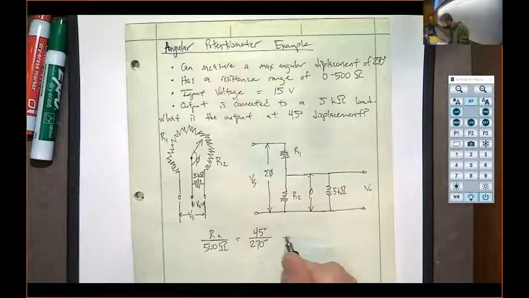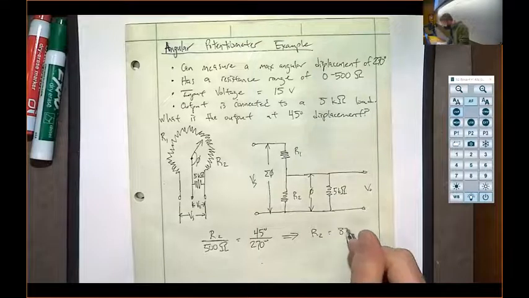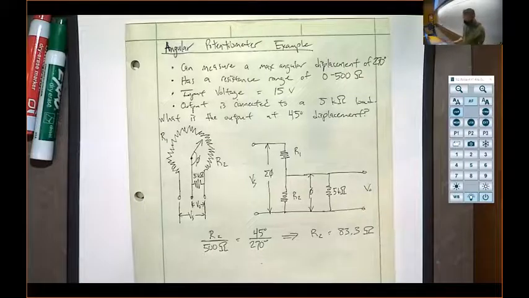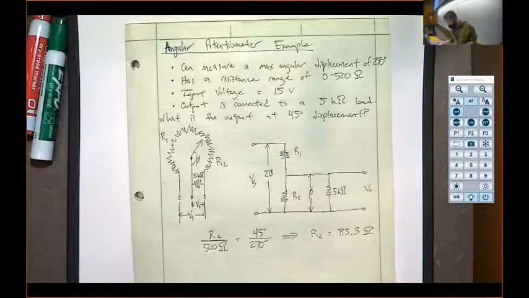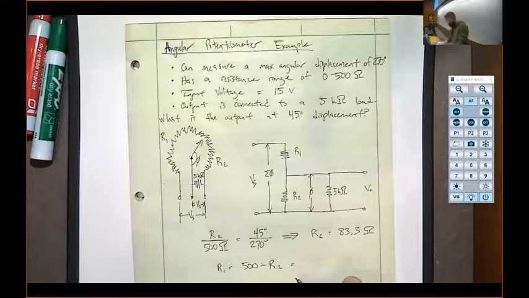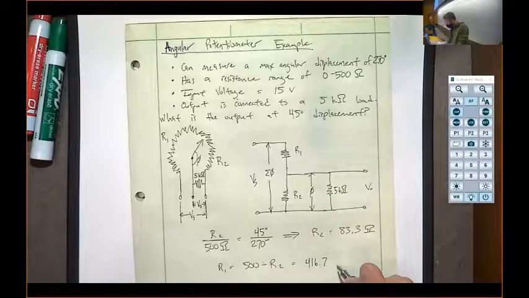Therefore, our R2 is 83.3 ohms. And since R1 plus R2 is 500, our R1 is going to be equal to 500 minus R2, which is 416.7 ohms.